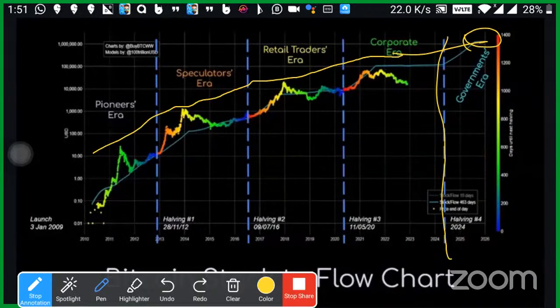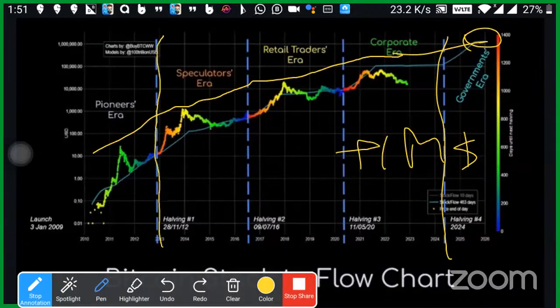It is a calculation using many algorithms, many indicators, many trend lines. They have come to the conclusion that it is going to touch the 1 million mark or above.